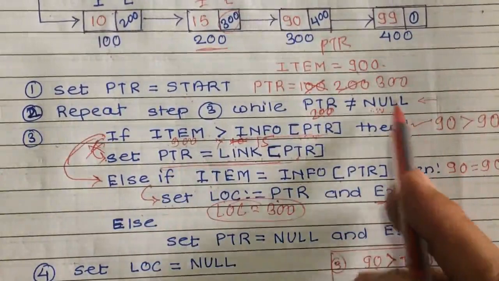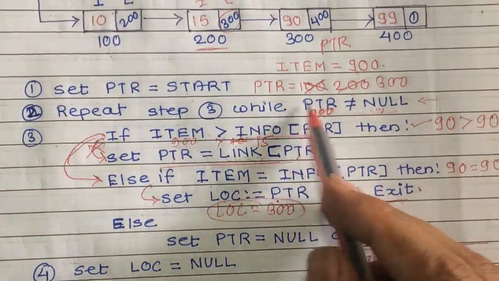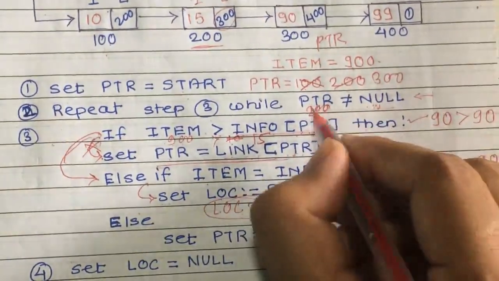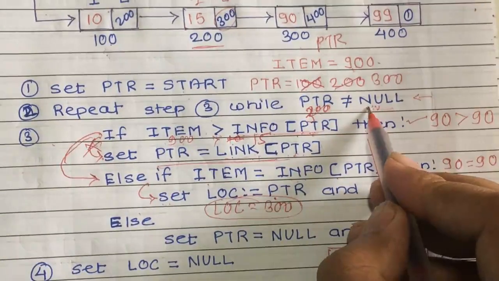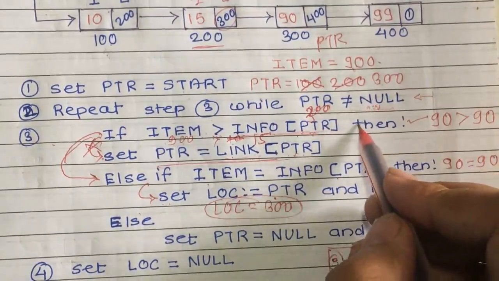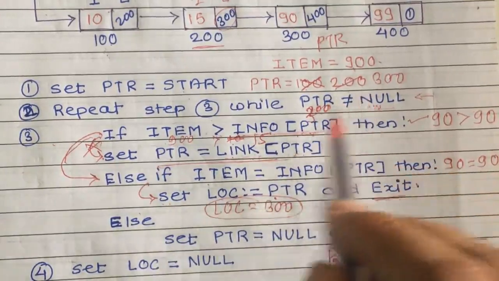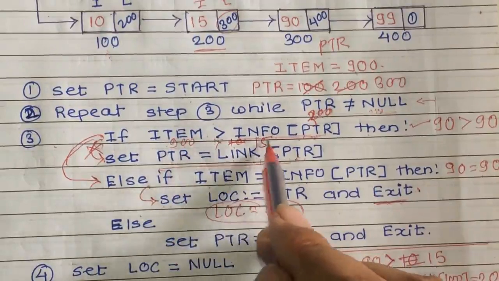Again control will move towards here. Now the value of PTR is 300, and 300 is not equals to null. So control will come inside this while. Again in the while we have the if condition: if item is greater than info of PTR.